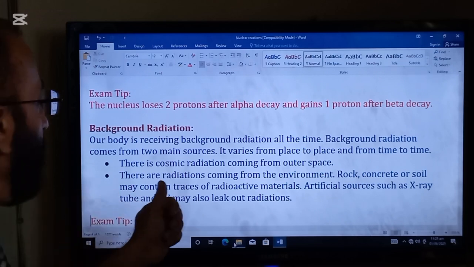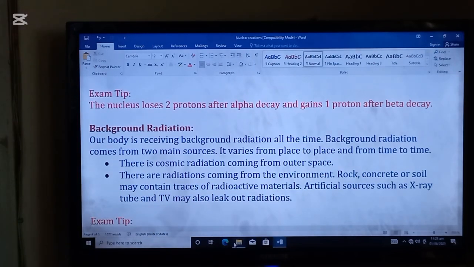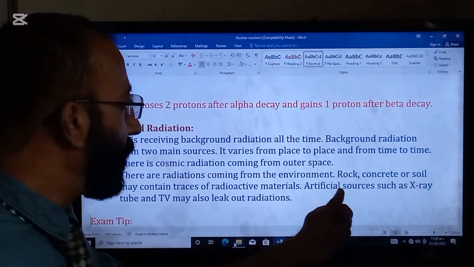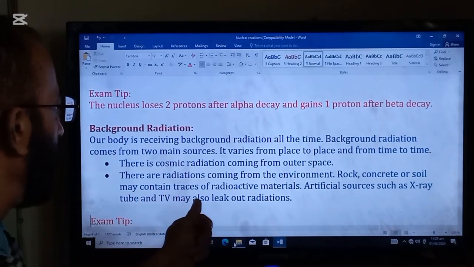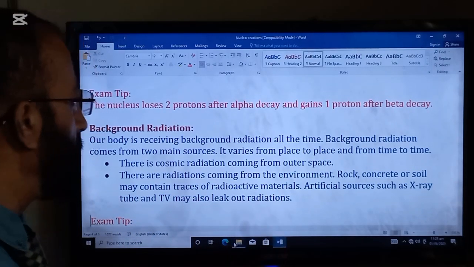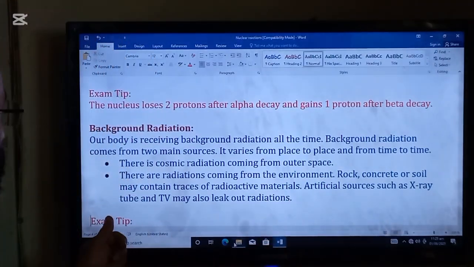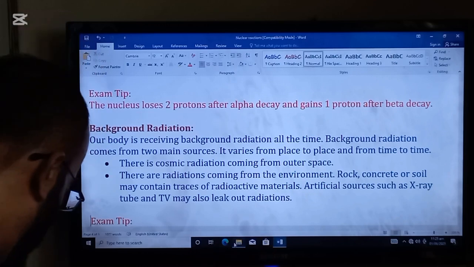There is a cosmic radiation coming from outer space, and there are radiations coming from the environment. Rock, concrete, or soil may contain traces of radioactive materials. Artificial sources such as X-ray tube and TV may also leak out radiations.